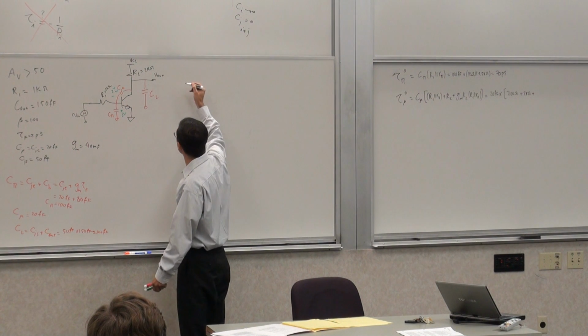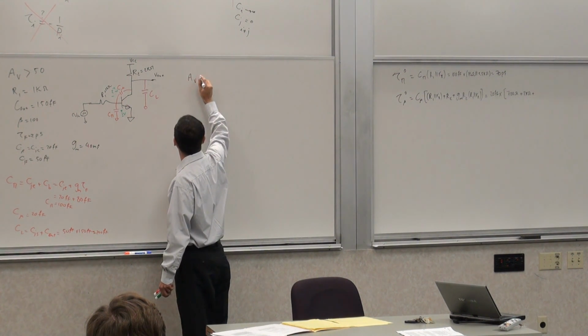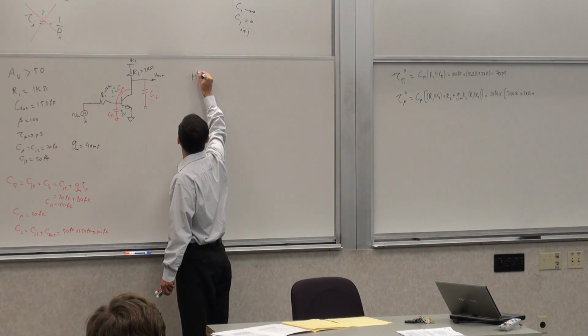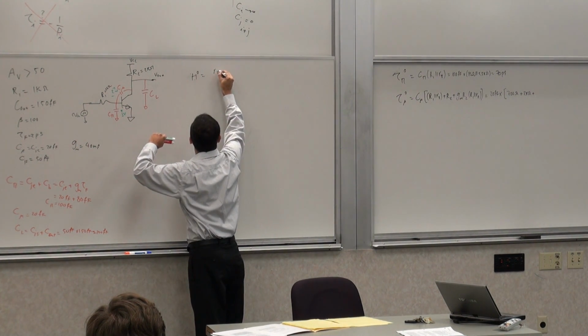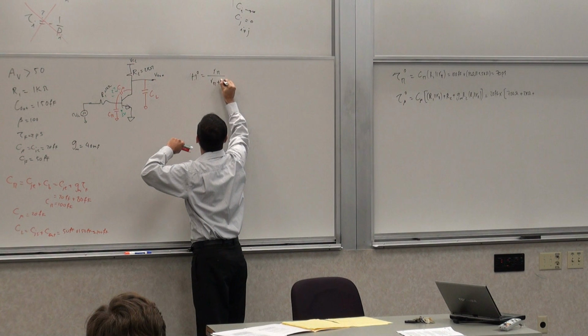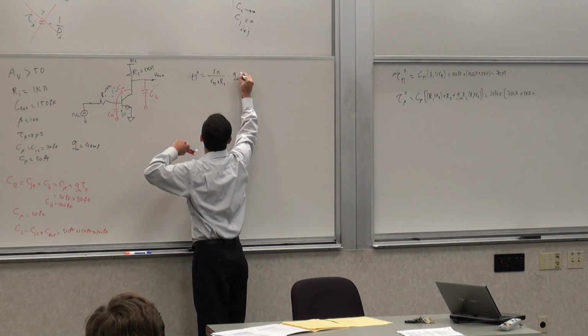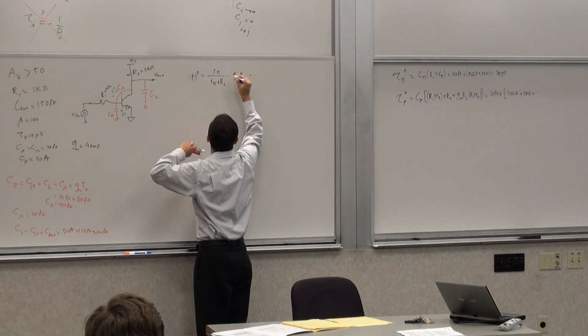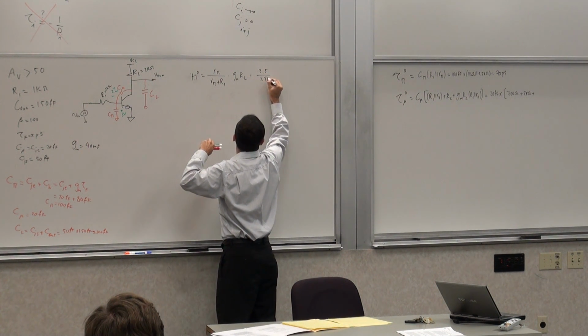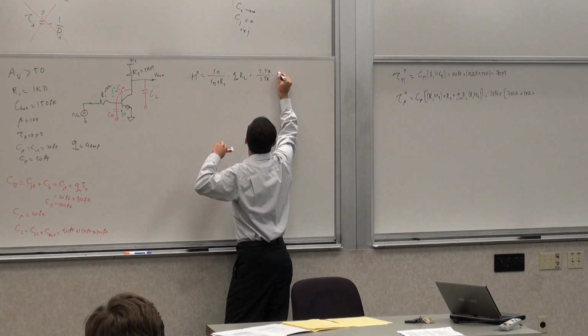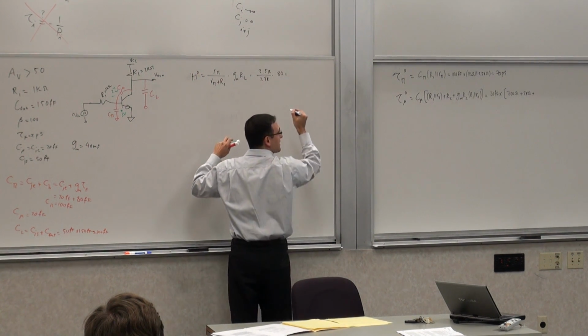So what is the DC gain of this amplifier? Let me calculate it. H naught is the voltage divider, R pi divided by R pi plus R1, times GM RL. So this is 2.5 kilo divided by 3.5 kilo times 80. Some 56-ish or something like that.